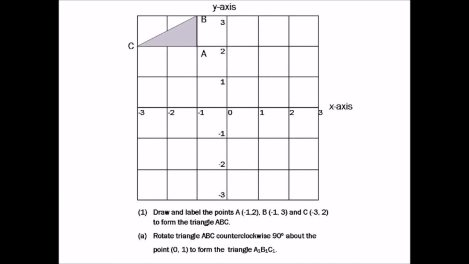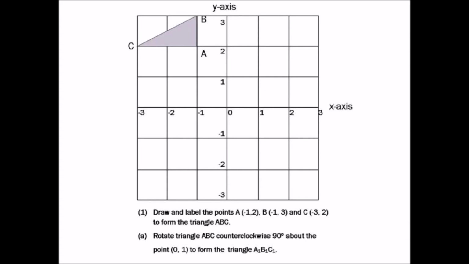Another question now. It says draw and label points A(-1, 2), B(-1, 3), and C(-3, 2) to form triangle ABC. We've already done that. So that's triangle ABC with the points we just mentioned. Now, rotate triangle ABC counterclockwise 90 degrees about the point (0, 1) to form the triangle A1, B1, C1. Now we're not using the origin, we're using a point.